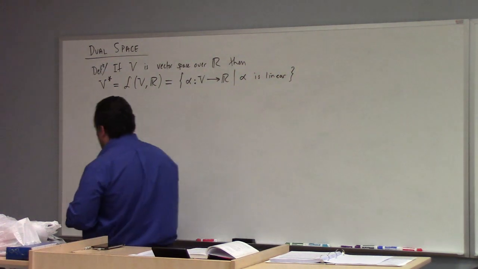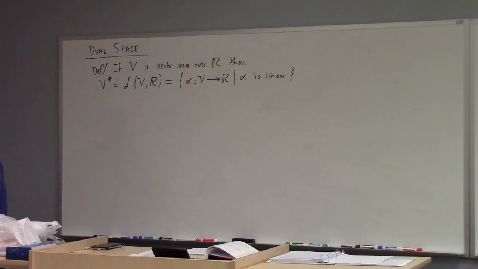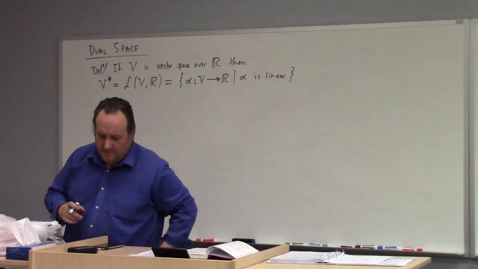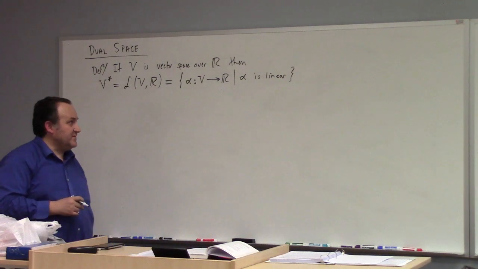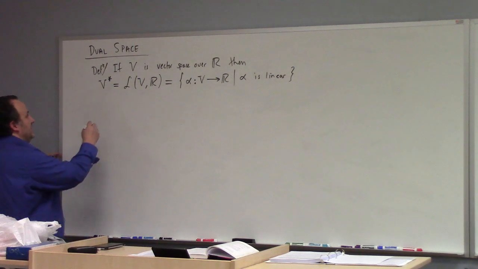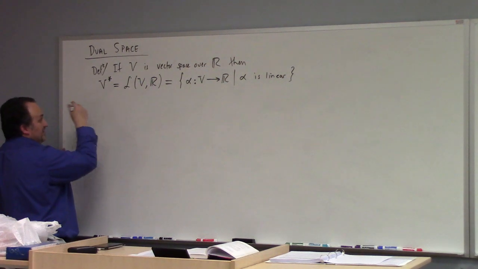Now, if V is a finite dimensional vector space, then the dual space is also a finite dimensional vector space, and in fact, it's isomorphic to V. I won't belabor this much, but this is something we can construct: the dual space to a vector space. Now, here's the main construction we need to know about.